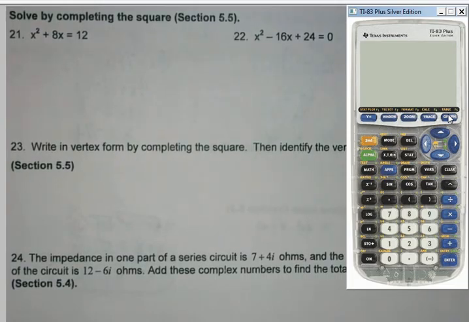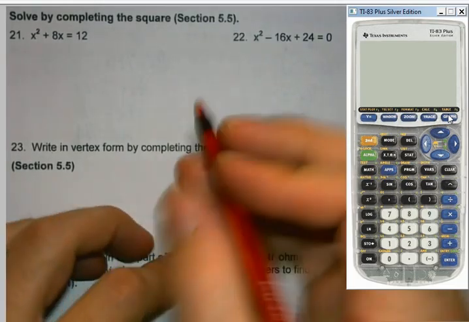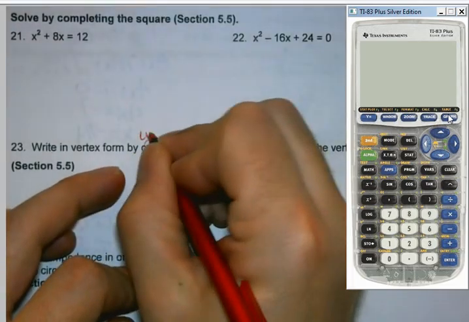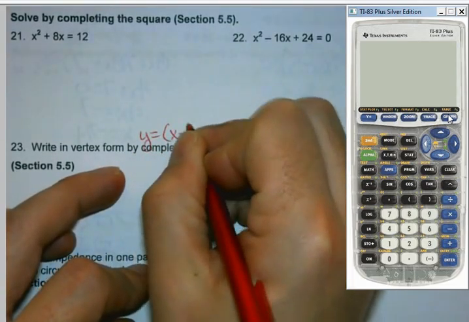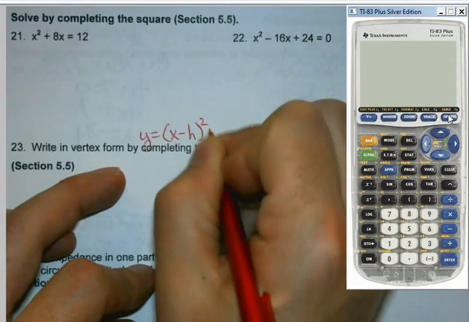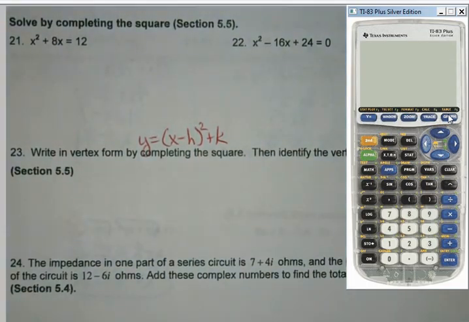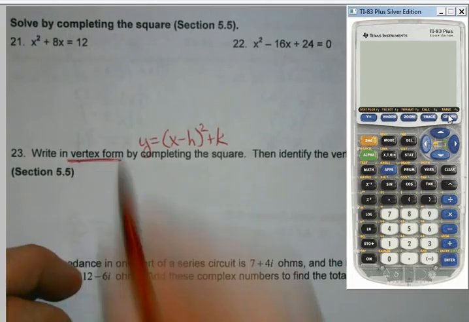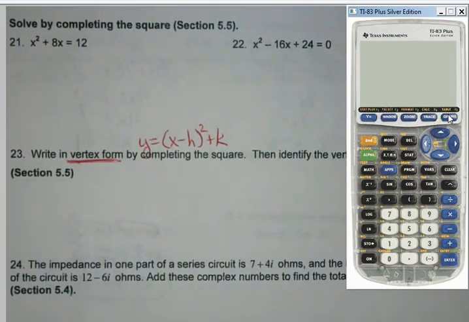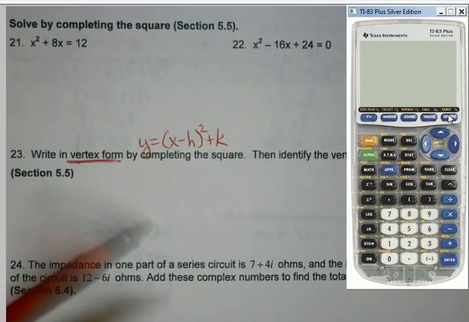Write in vertex form by completing the square. Okay, here's my first issue. Remember, vertex form looks like this. So that's the type of way this should look at the end. That's what vertex form is going to be. Then identify the vertex. So here's how this is going to work.